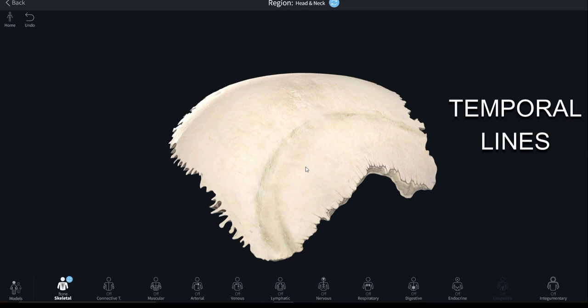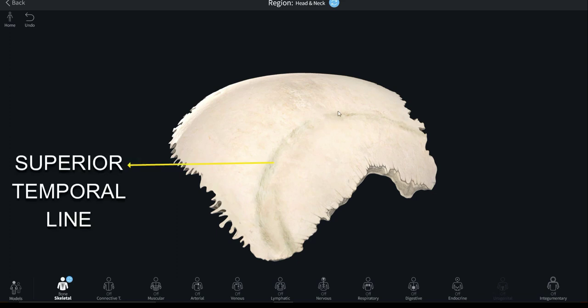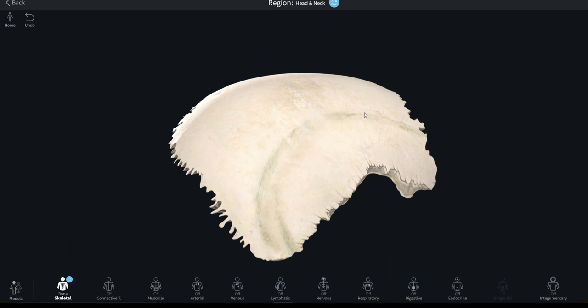Yes, the temporal lines. This temporal line occurs in a pair. That is, there is a superior temporal line somewhat over here, clearly demarcated, and an inferior temporal line here.